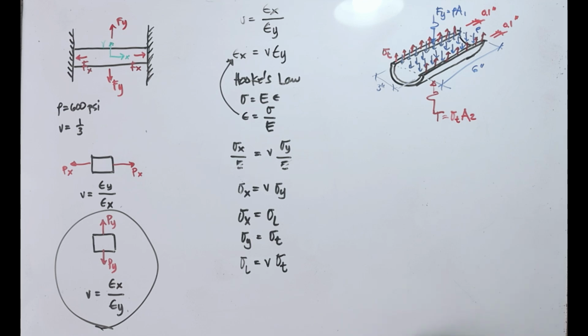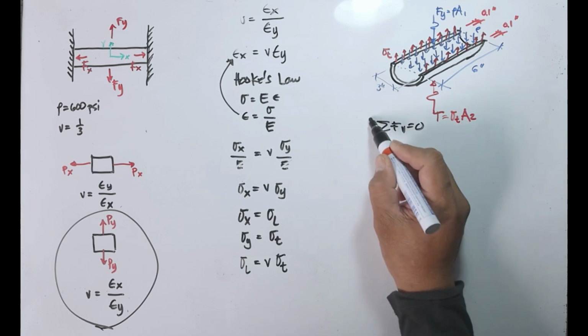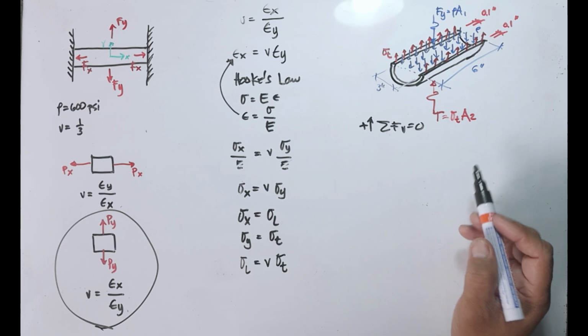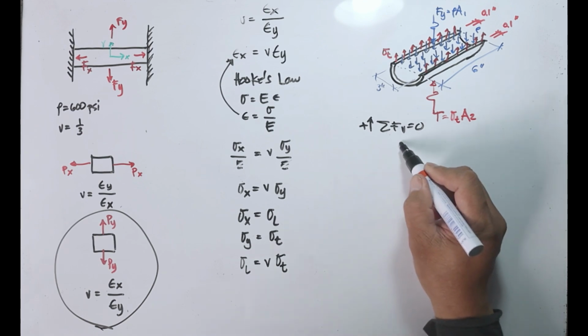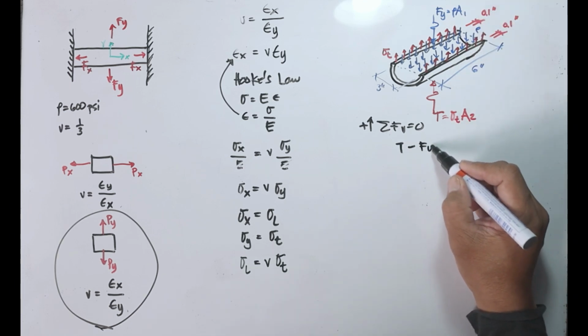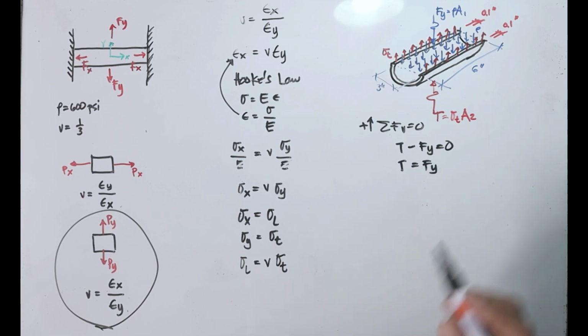Okay, by summation of forces vertical equals 0, we have the upward force T minus the downward force Fy equals 0. T is equal to Fy.